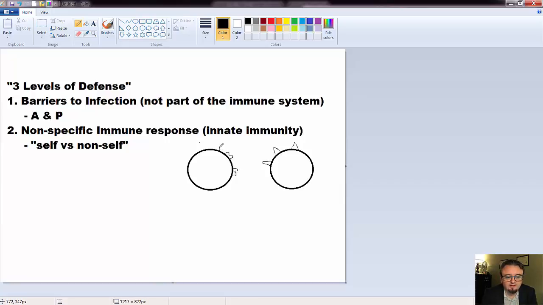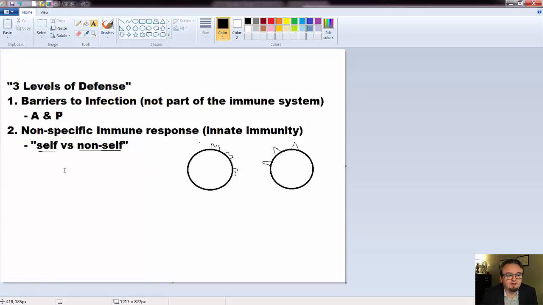And so the idea is that each different cell will have a slightly different receptor, or a series of them really. They're not actually a receptor, they're what we call a cell identifying marker, or an ID tag. But every cell has their own unique one, and the body will determine its own from that of foreign or non-self entities. And in this general sense, the body can differentiate itself from other microbes.